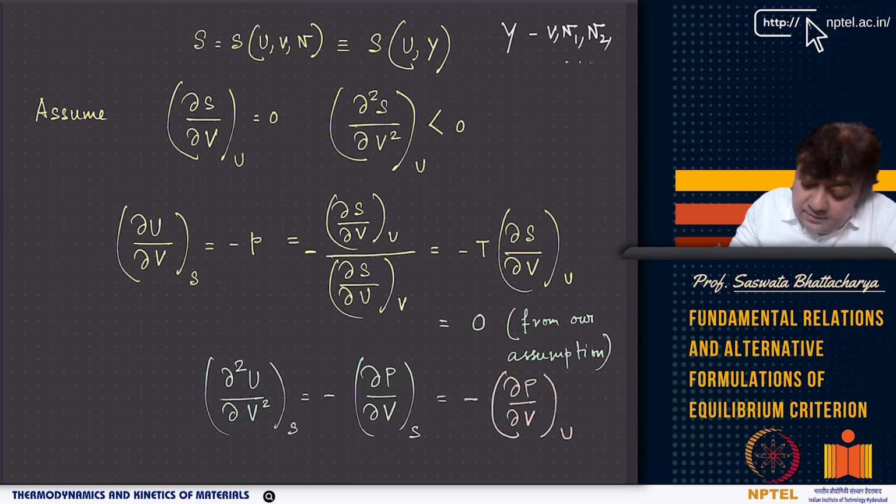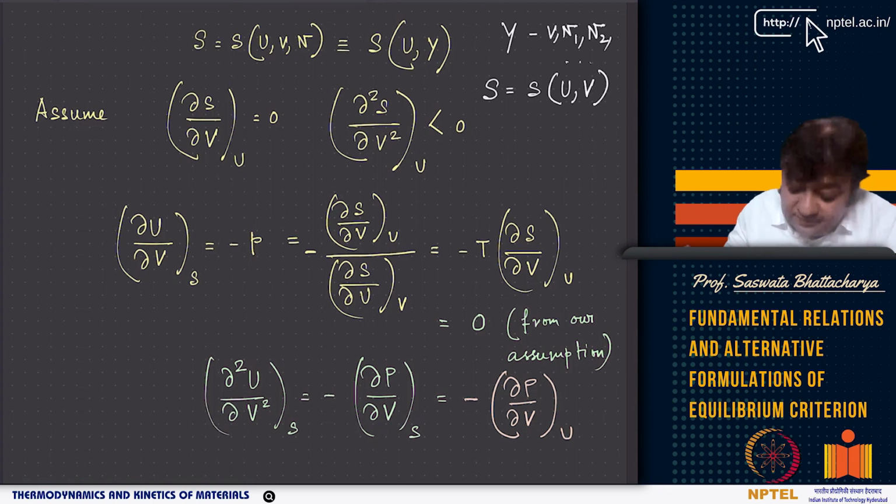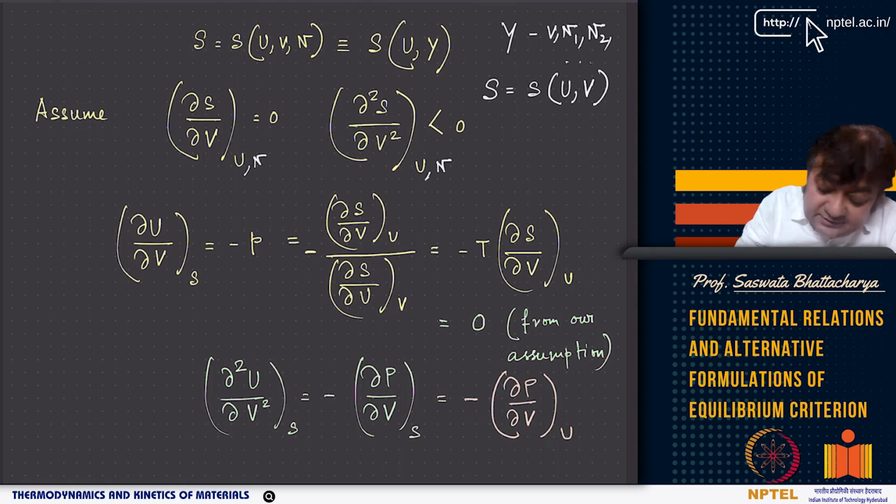Now let us assume, instead of lumping all variables, that it is a one-component system and S is a function of U comma V. Maybe you have one component and its mole number is always fixed, so I am neglecting N completely just for ease of notation.